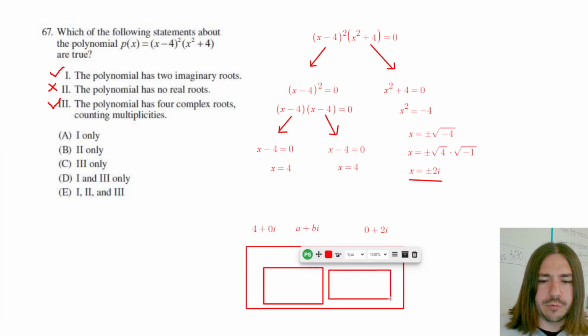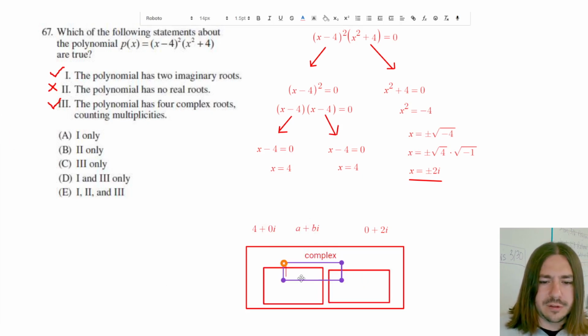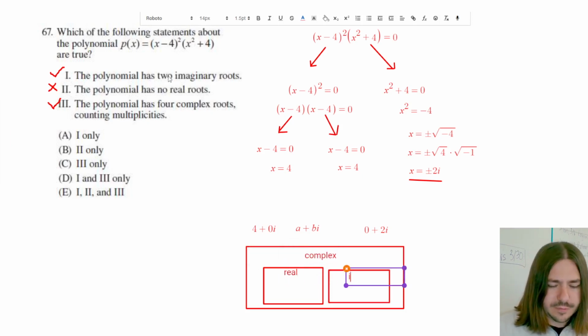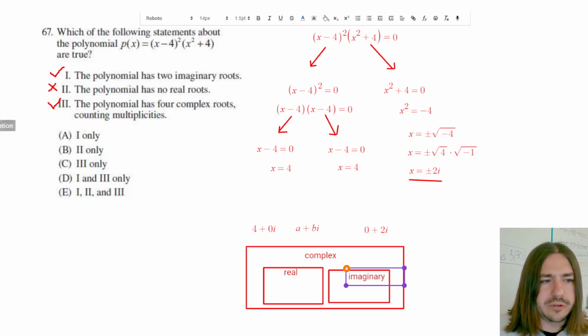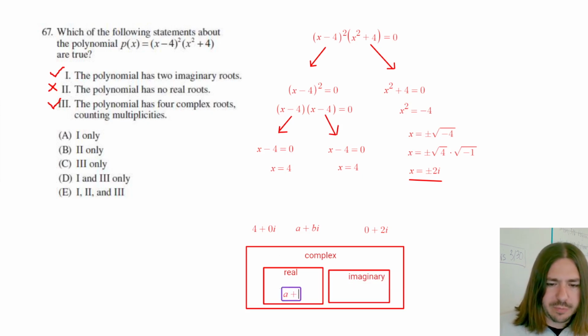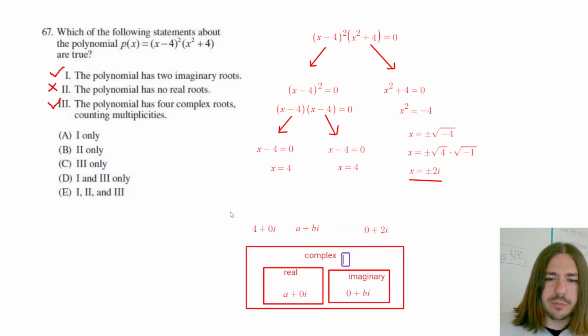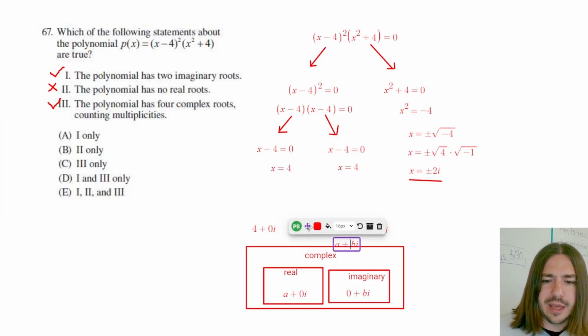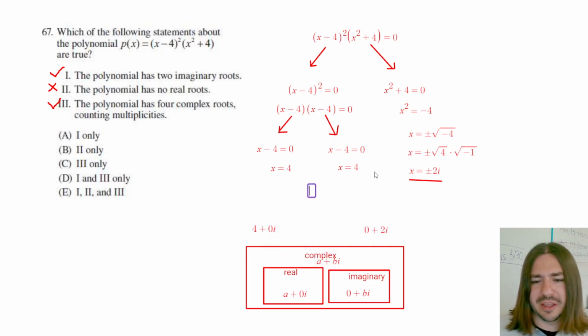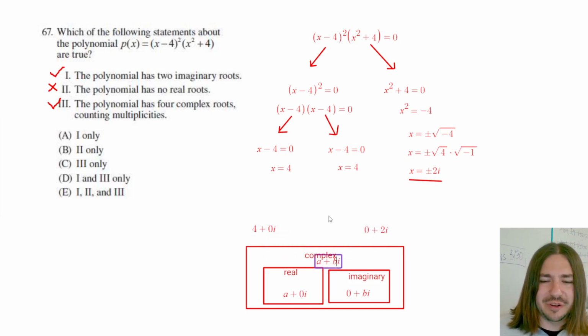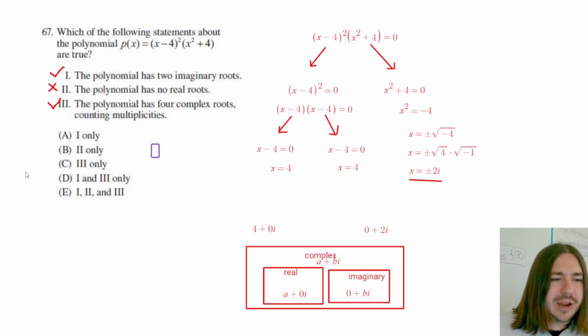Either they're real or they're imaginary, where real numbers are in the form a + 0i, and imaginary numbers are in the form 0 + bi. Complex numbers are all the numbers that can be written as a + bi. Okay, that's probably good enough. But yeah, so 3 is also correct.